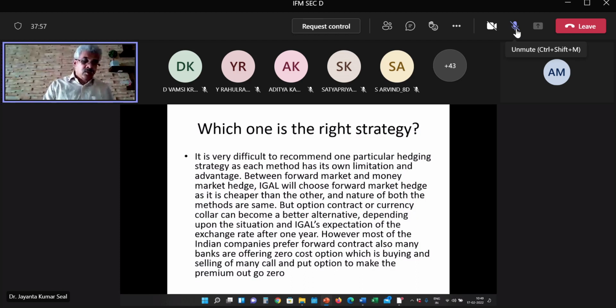In a zero cost option, a series of options will be bought and a series of options will be sold in order to make the total premium outgo zero. However, when you make the premium outgo zero, naturally your range will also be reduced, and it will be almost like a forward contract.